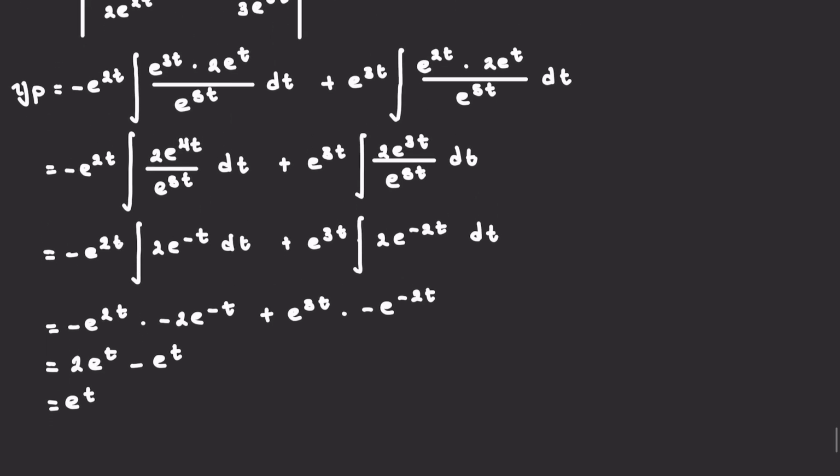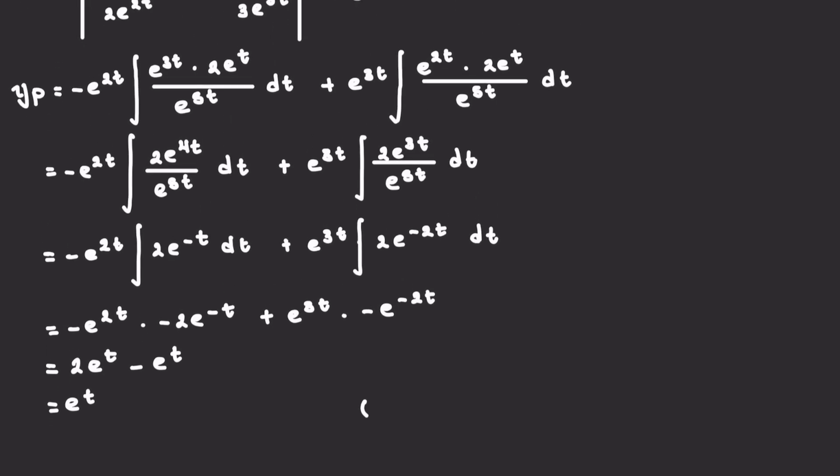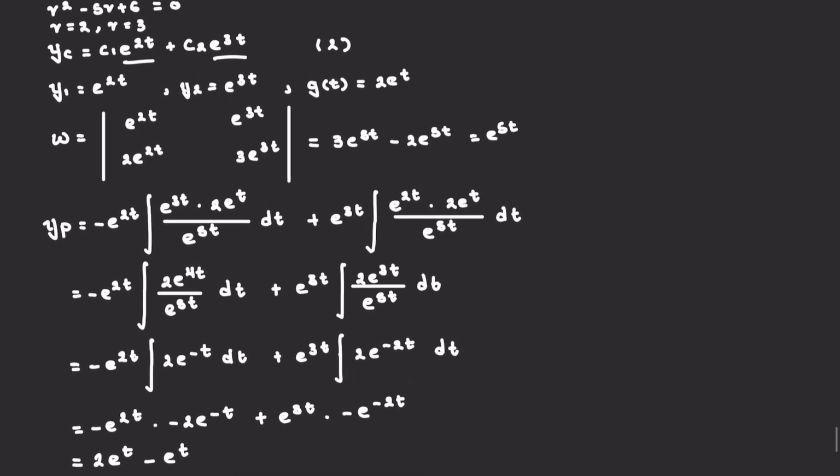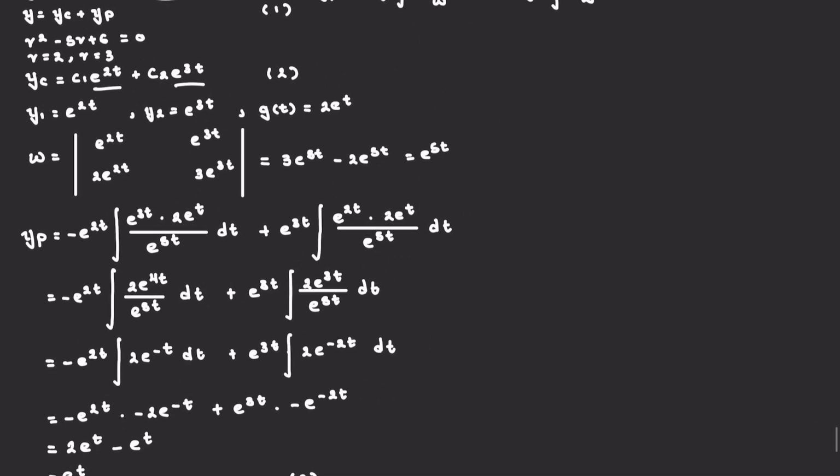And so let's label this as our third equation. So what we get here is our second equation and third equation. And we just need to plug them into our superposition principle, which we wrote down at the start of this problem, which is y is equal to the complement plus the particular solution.